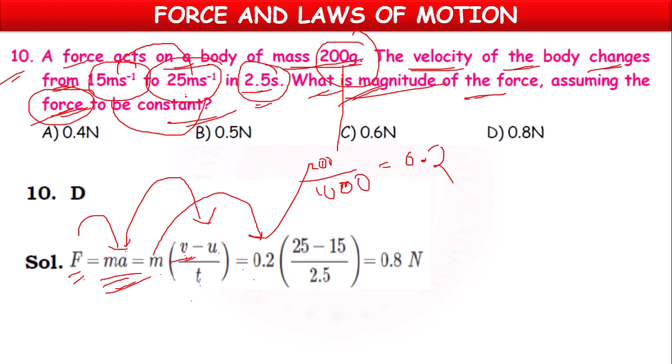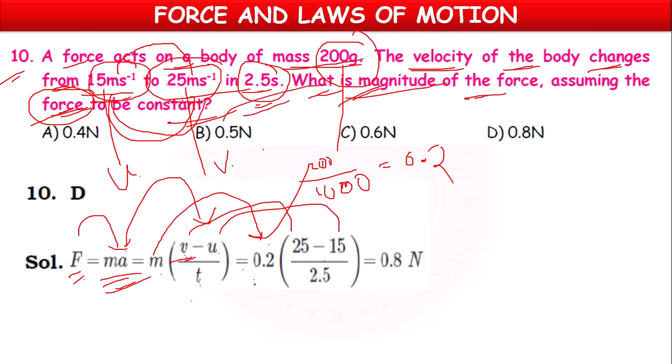Because the velocity changed from 15 to 25, 15 meter per second is considered as the initial velocity u, and 25 meter per second is considered as the final velocity v. So in the place of v, we will keep 25, in the place of u, 15, divided by time, 2.5.